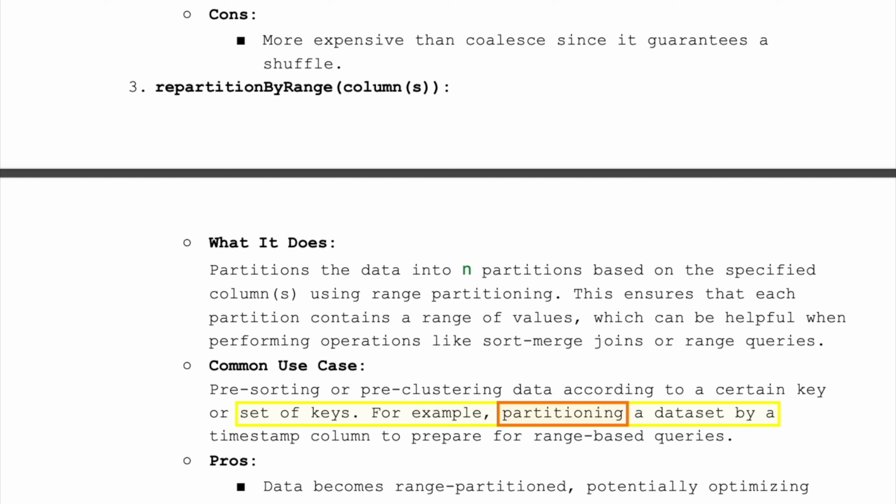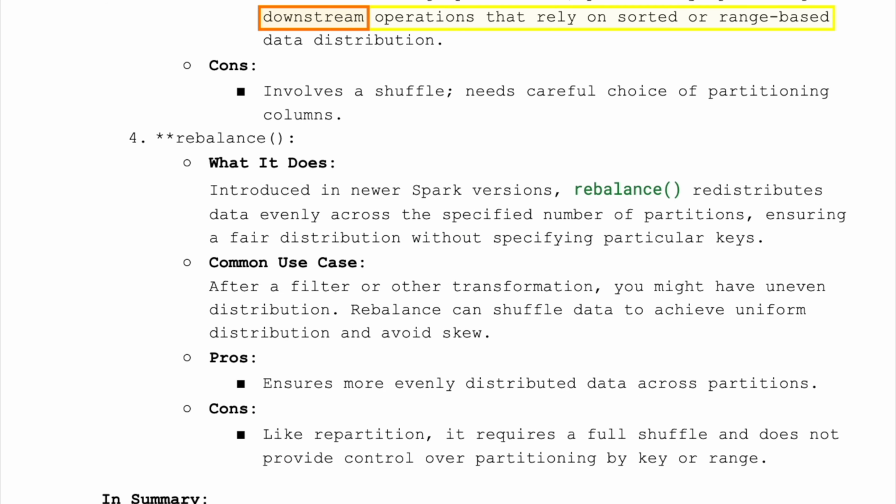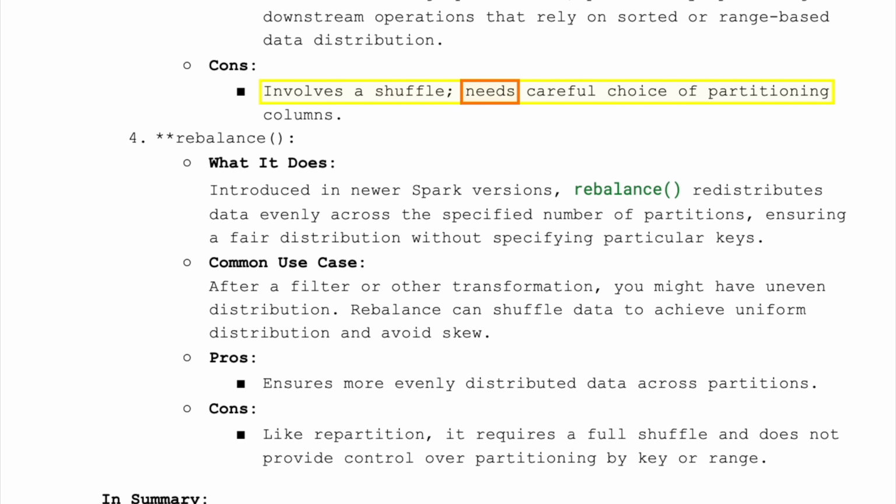For example, partitioning a dataset by a timestamp column to prepare for range-based queries. Pros: data becomes range partitioned, potentially optimizing downstream operations that rely on sorted or range-based data distribution. Cons: involves a shuffle, needs careful choice of partitioning columns.